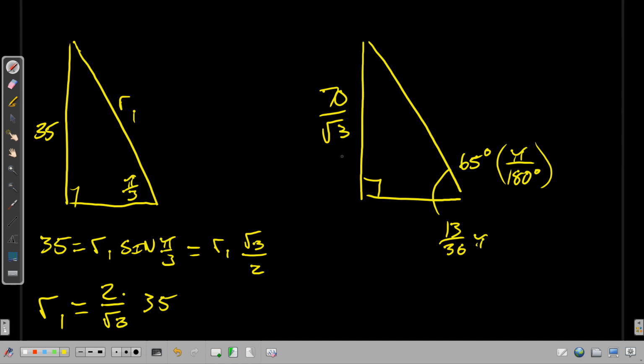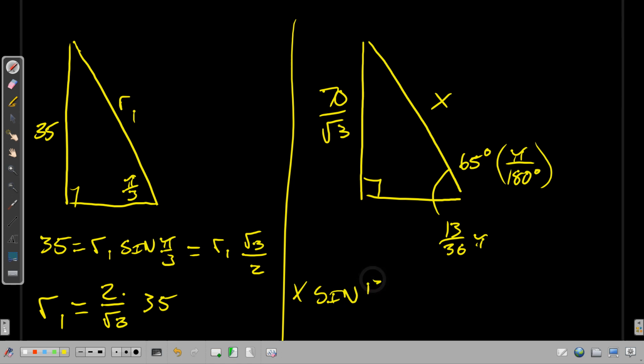Okay, and then this is x, and so what we can say is that x sine of 13 over 36 pi is equal to 70 over root 3.